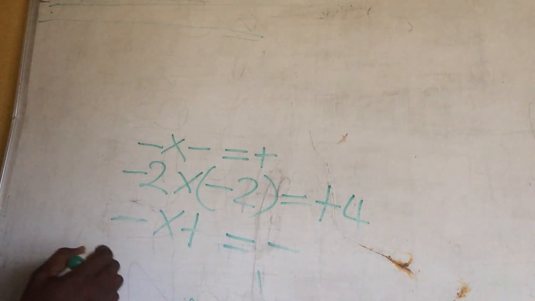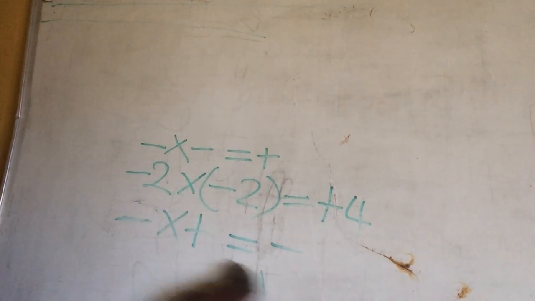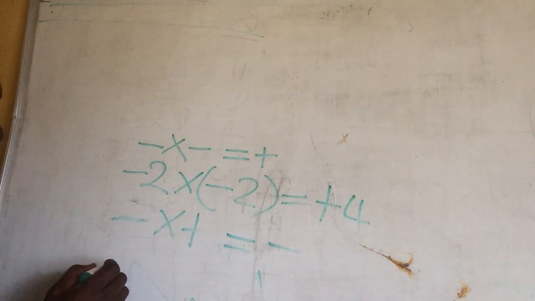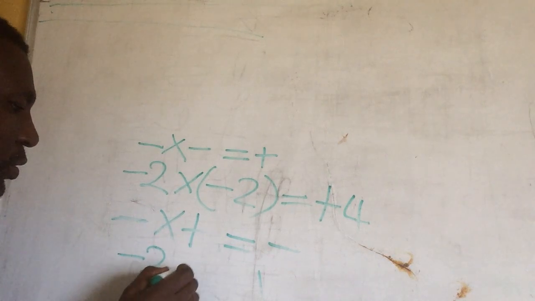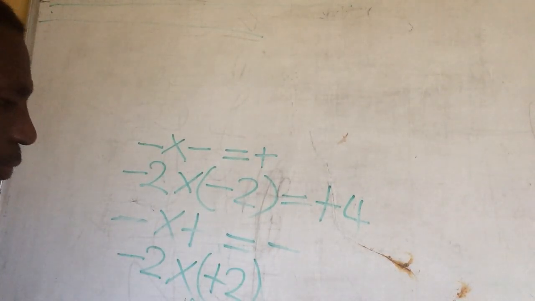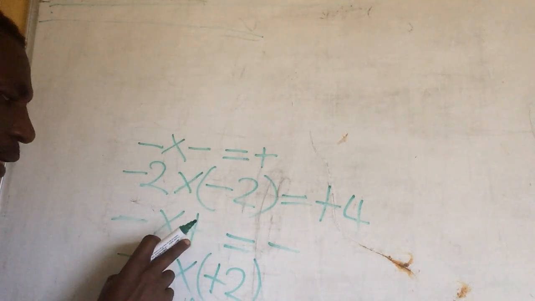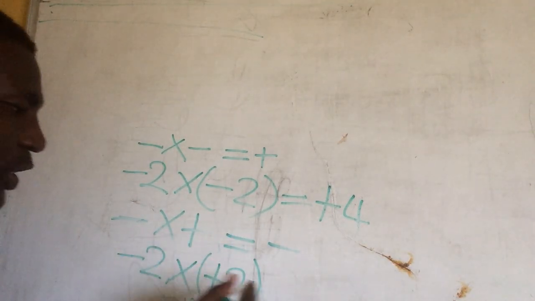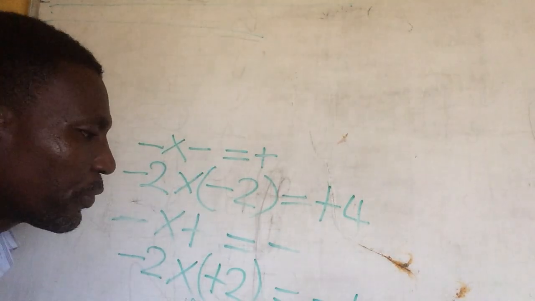Now giving an example with numbers, you will see minus 2 multiplied by plus 2, for example. Remember what I said about minus multiplied by plus: it will give you minus. The same thing here, minus times plus will give you minus. Then 2 times 2 will give you 4.